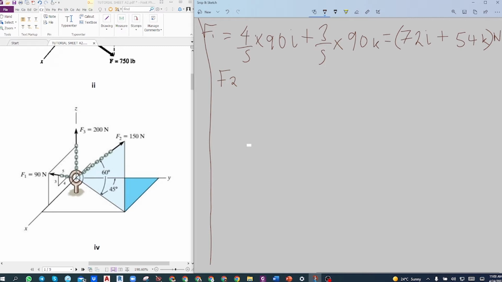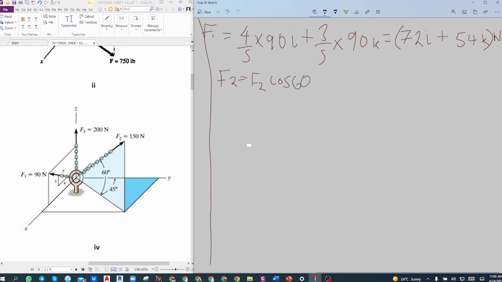So I know that for the x-axis, first I'll need to find F prime, which will be equal to F2 cos 60.